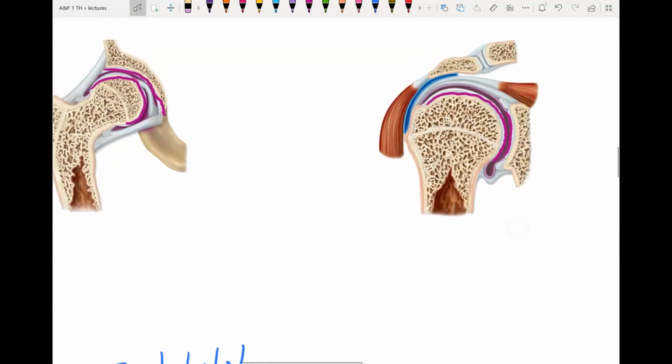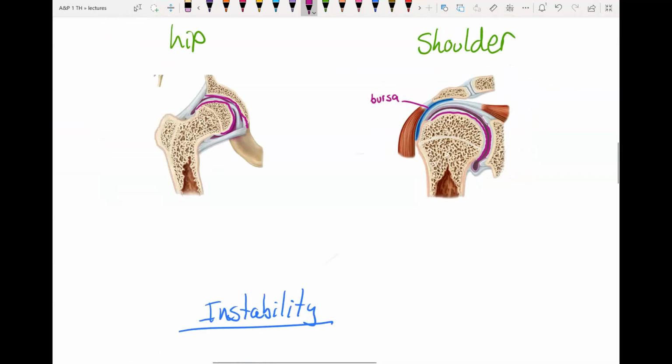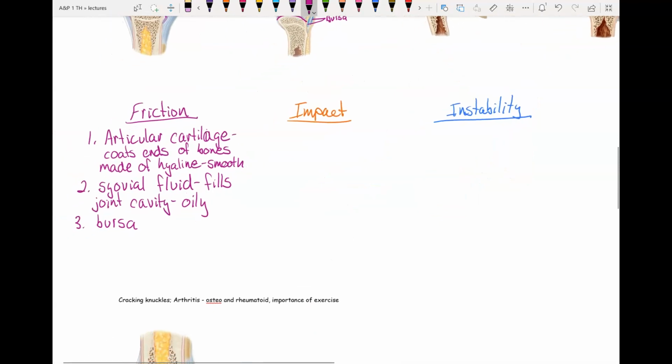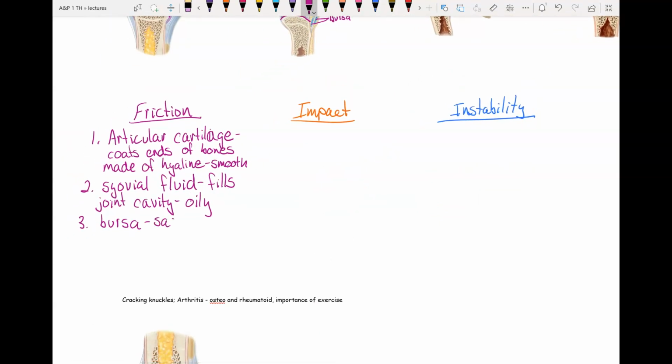You can see here's another one in the shoulder. So a bursa is just a sac of synovial fluid. And they're not found everywhere. They're just found at points that have particularly high friction.